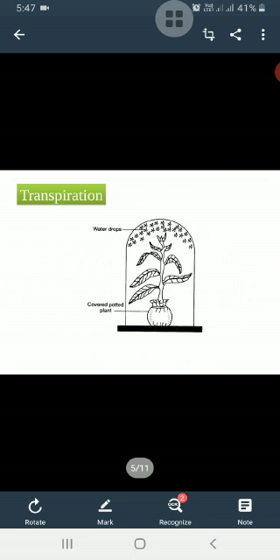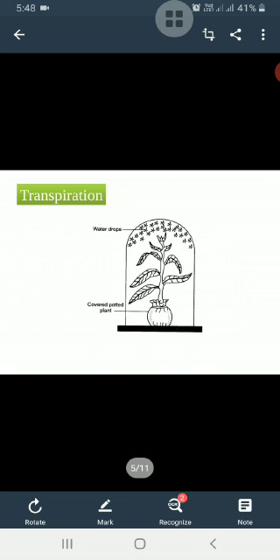Transpiration. Large quantities of water are absorbed by a plant for photosynthesis. What is photosynthesis? The process in which food is prepared by the leaves with the help of sunlight, carbon dioxide, water, and minerals. All this water is not used by the plant.